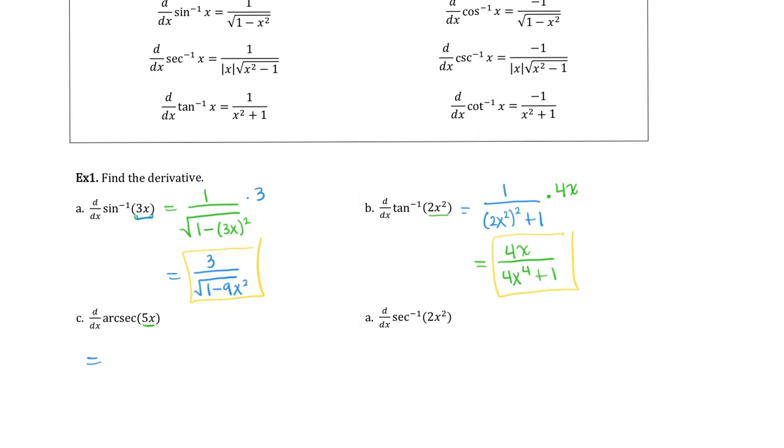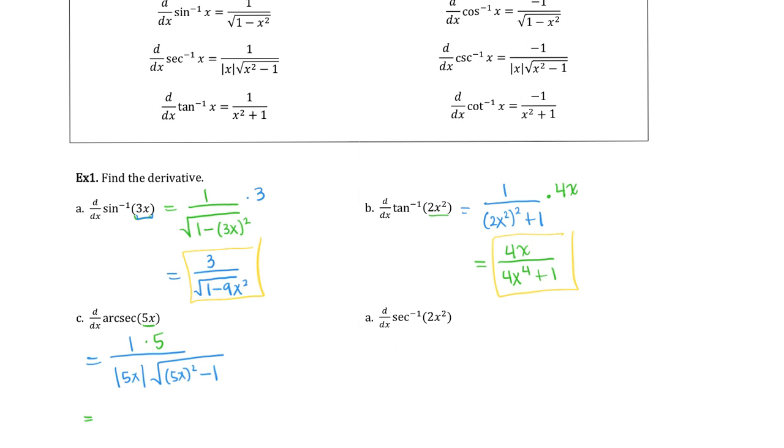So this is going to be 1 over the absolute value of whatever's in the parentheses times the square root of the quantity squared minus 1. Chain rule. So since I am doing the arc secant of 5x, I'm going to times it by 5. And I'm just putting it at the top so it is easier.